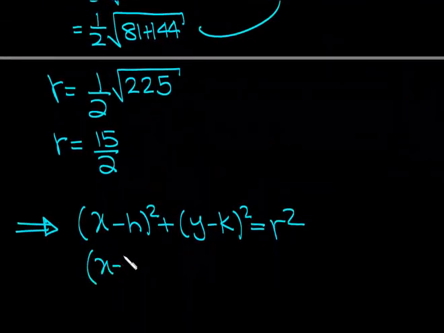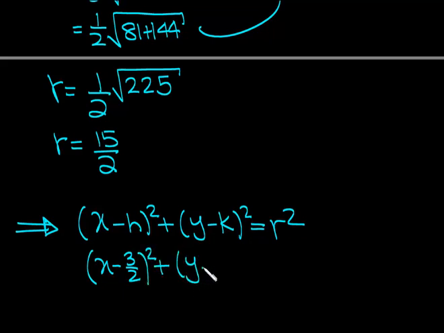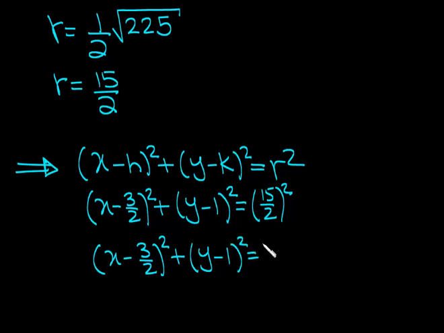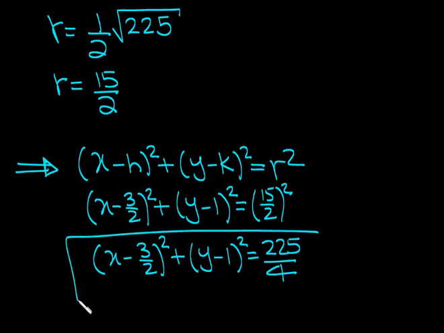So I get x minus 3/2 squared plus y minus 1 squared is equal to 15 over 2 squared. There's nothing to clean up in terms of signs on the inside, but we can square the radius, which is 225 over 4. So there is your equation of a circle.